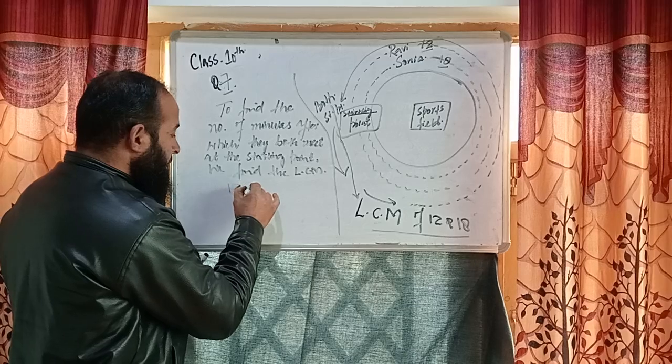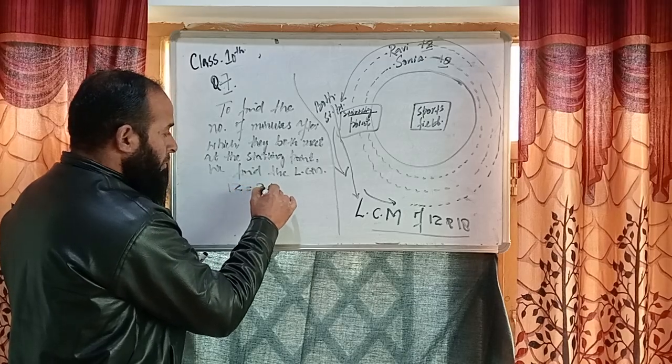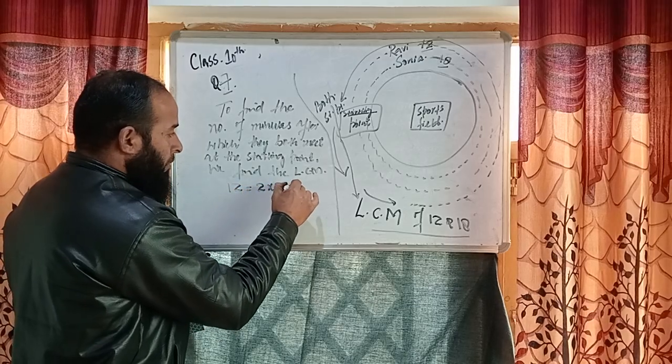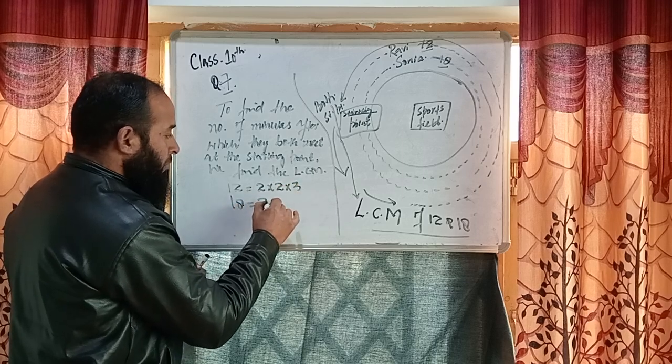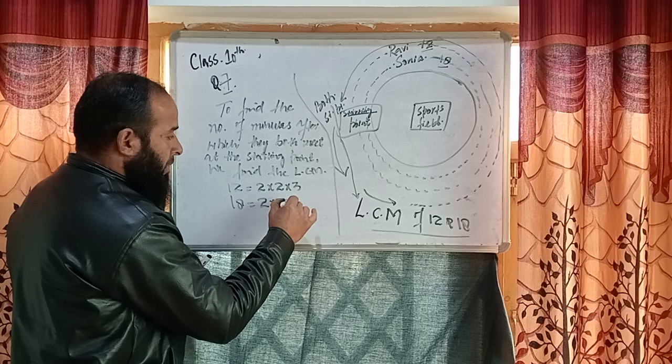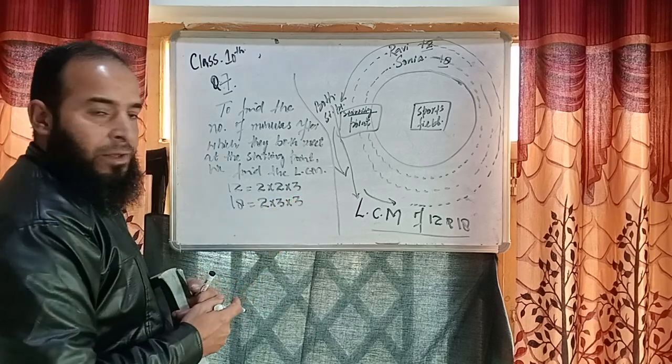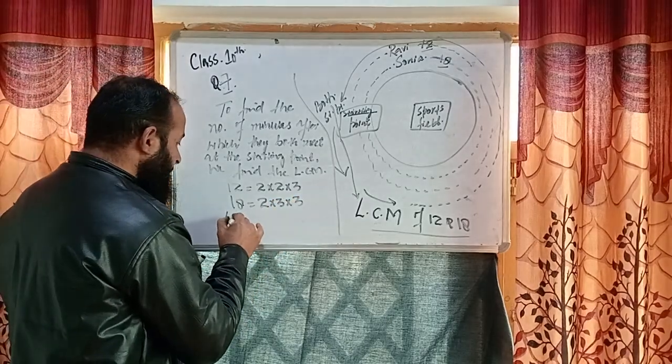We have 12 equal to 2 times 2 times 3, and 18 is 2 times 3 times 3. So what will be the LCM?